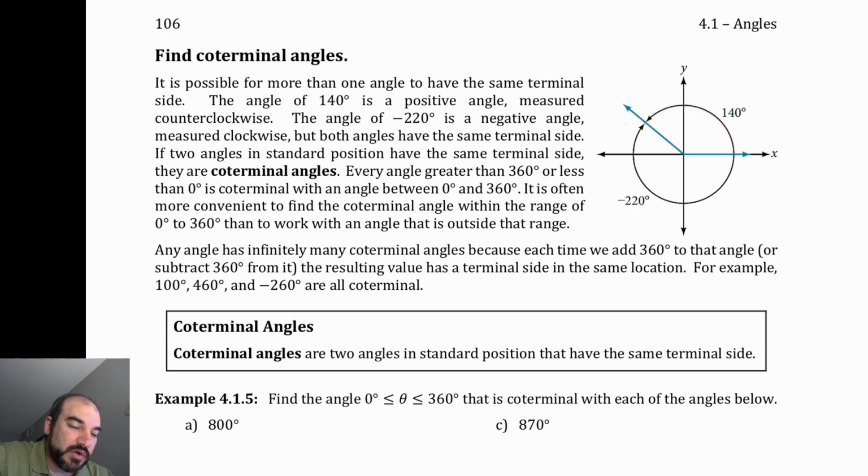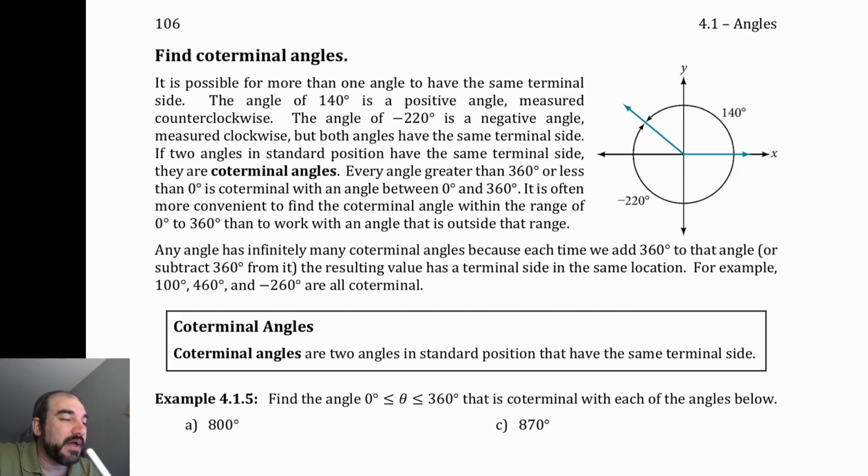But I can also say that an angle of negative 220 also lands on that same spot. So any two angle measures where the terminal side lands in the same spot are called coterminal angles. Co meaning same, terminal meaning terminal side of the angle.